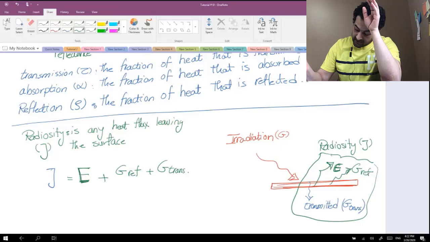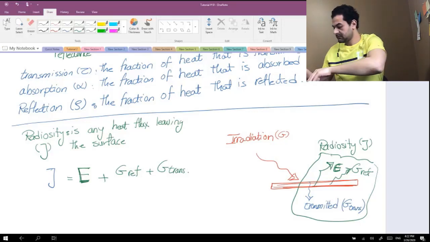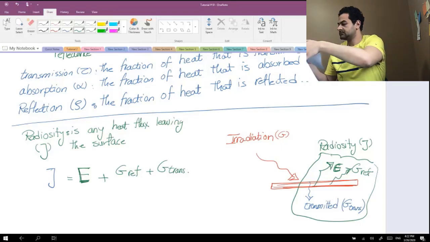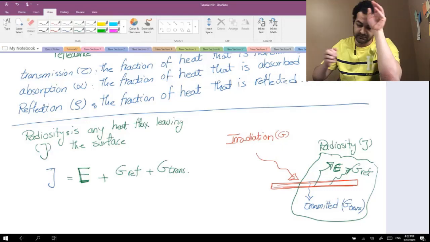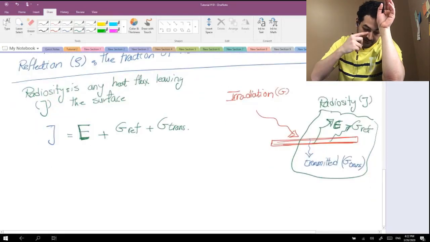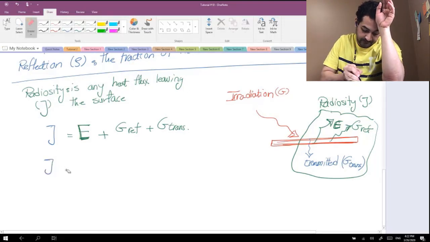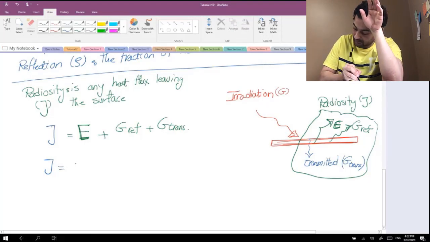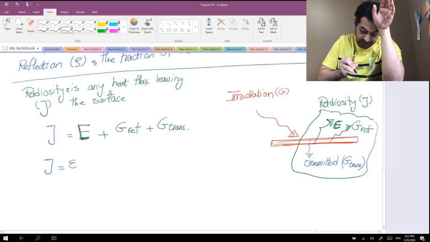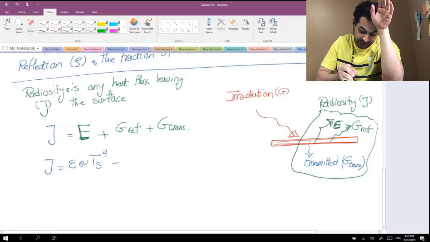And I just wanted to simplify this for you because we may use it later in one problem. So J, the emittance is basically the radiation emittance, which is epsilon sigma multiplied by the surface temperature to the power 4, which depends on the surface temperature, plus G of the reflected heat flux.